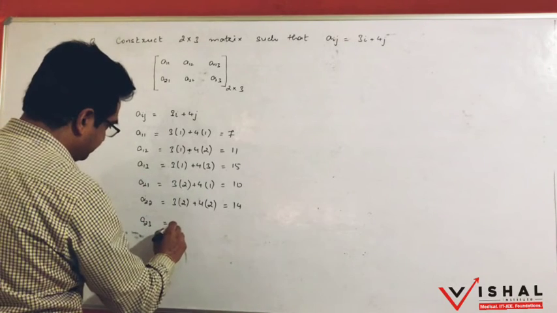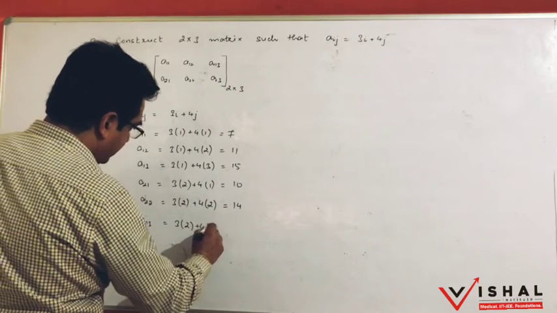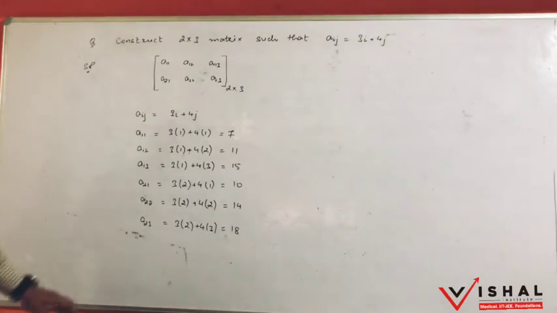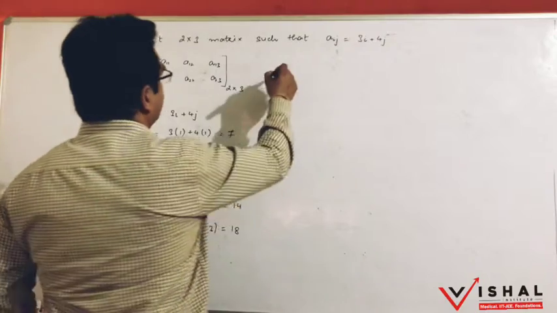So it will be 3 into 2 plus 4 into 3. It is 18. Now we put all these values here.